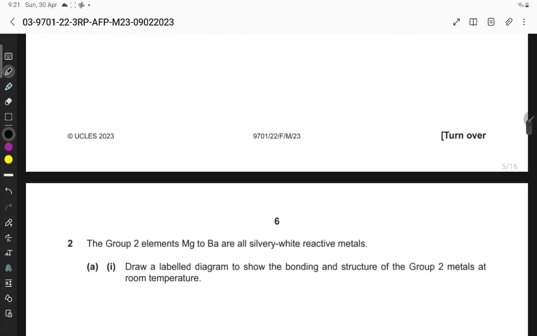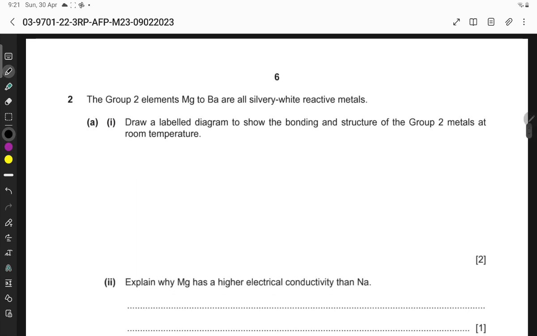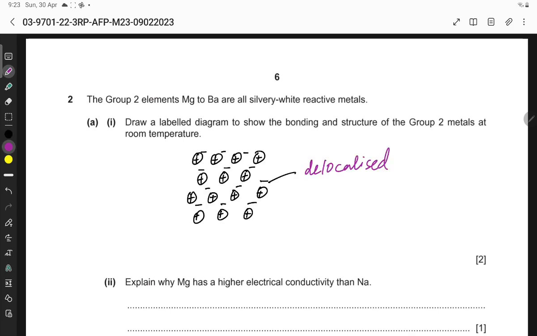Next question. The group 2 elements magnesium to barium are all silvery white reactive metals. Draw a labelled diagram to show the bonding and structure of the group 2 metals at room temperature and pressure. Delocalized electrons, and these are positive ions.